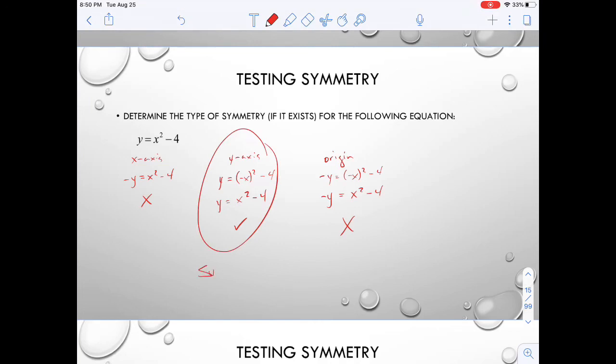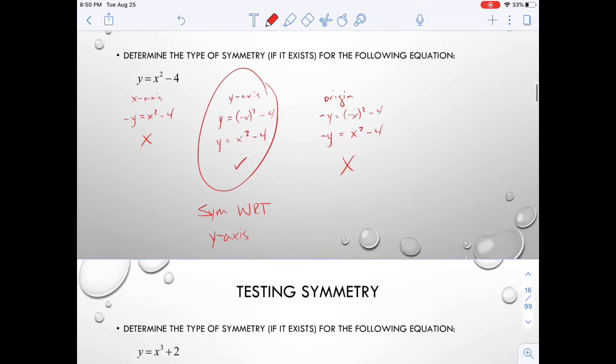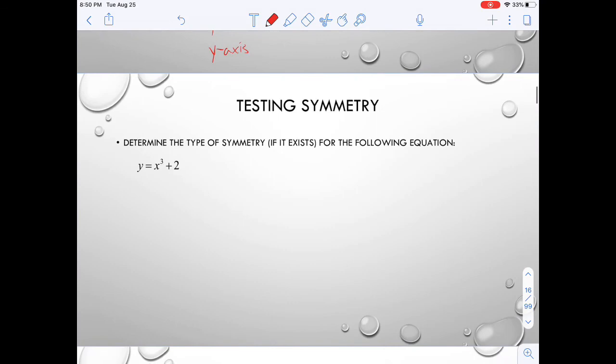So here I have symmetry with respect to the y-axis. If I take a look at the next one, same deal. Let's test x-axis symmetry. I'm going to replace y with its opposite. Nothing simplifies, doesn't work. If I test y-axis symmetry, I'm going to replace x with its opposite.